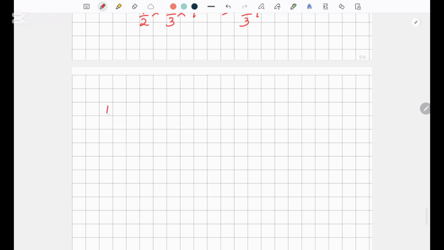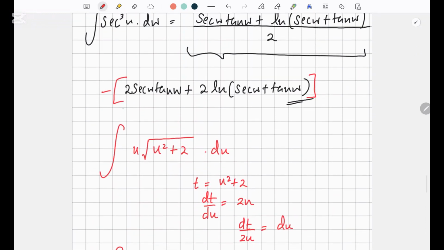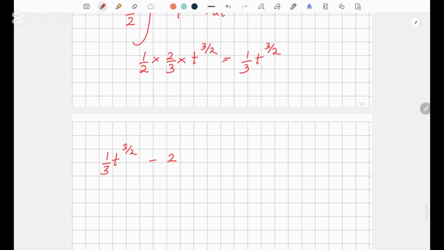So it would be 1 over 3 t to the power 3 over 2 minus 2 into, you see this, right? So I'm just going to expand the whole thing with the minus also. So it's going to be minus 2 sec w tan w minus 2 ln sec w plus tan w.